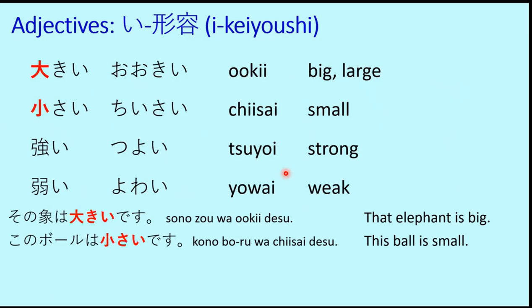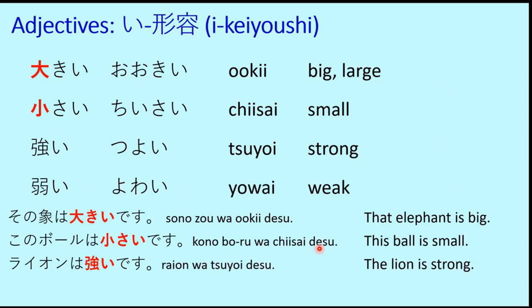Kono boru wa chisai desu. This ball is small. Kono boru means this ball. Here kono is used as an adjective. Which ball? This ball. And how is this ball? It's small. So chisai. Kono boru wa chisai desu. Then we have Rayon wa tsuyoi desu. Rayon means lion.